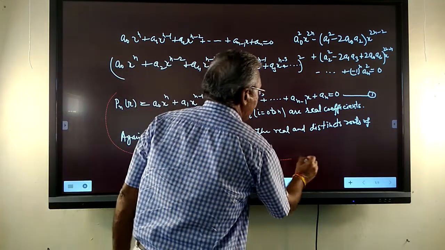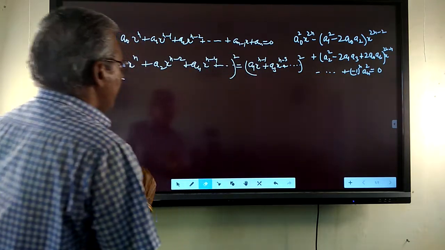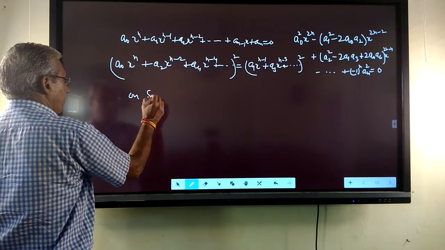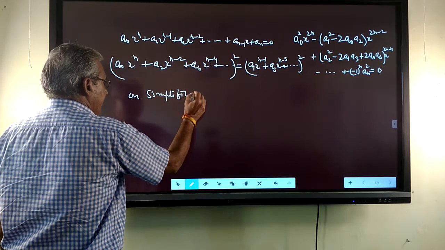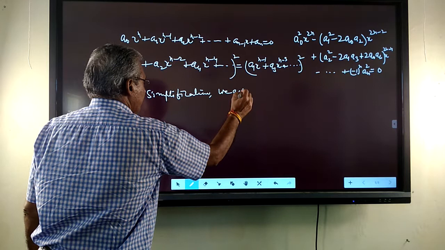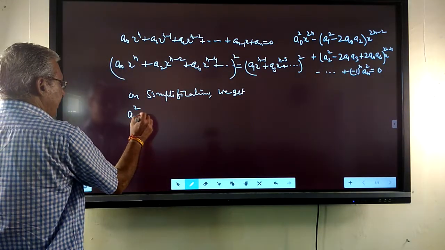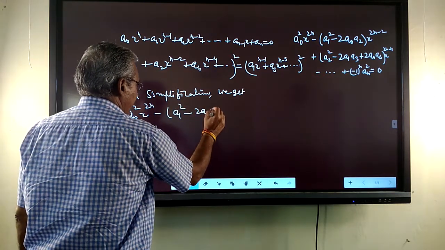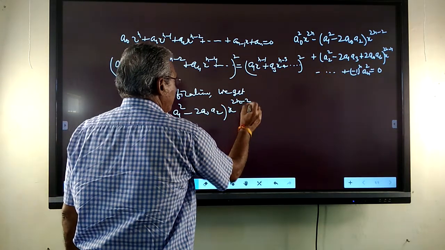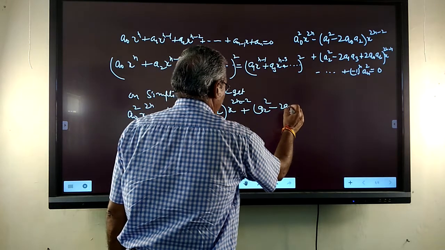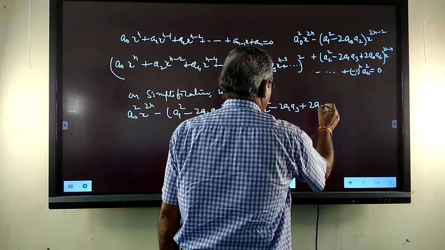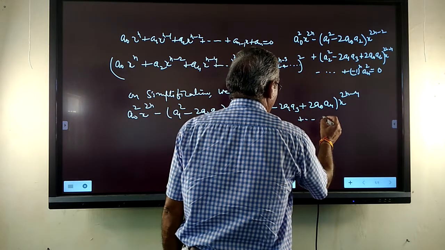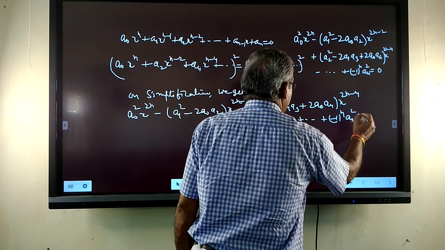On simplification, we get a0 square x to the power 2n minus (a1 square minus 2 a0 a2) x to the power 2n-2 plus (a2 square minus 2 a1 a3 plus 2 a0 a4) x to the power 2n-4 plus and so on plus (-1) to the power n an square equal to 0.